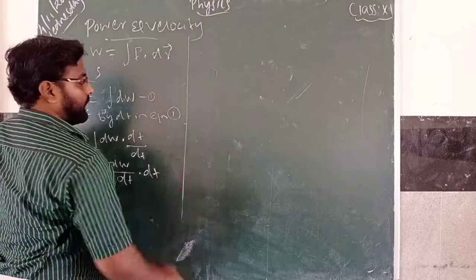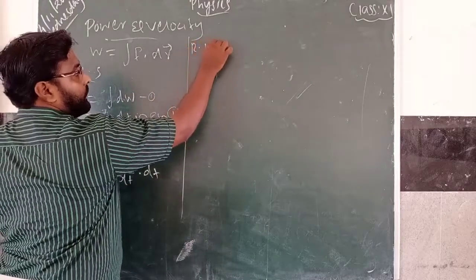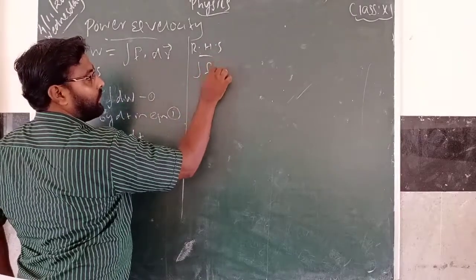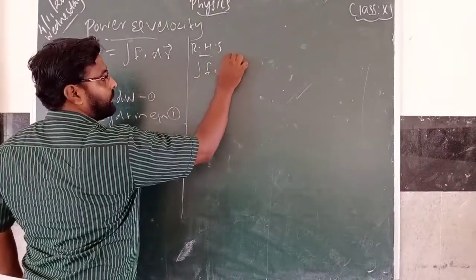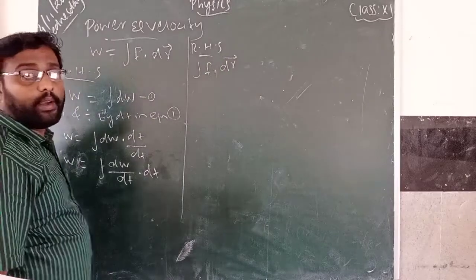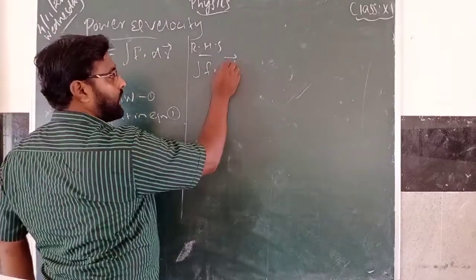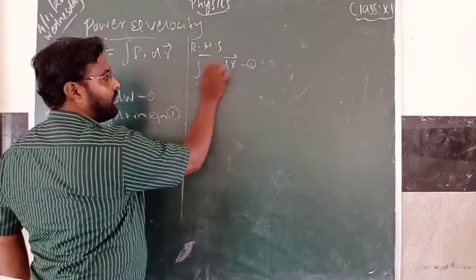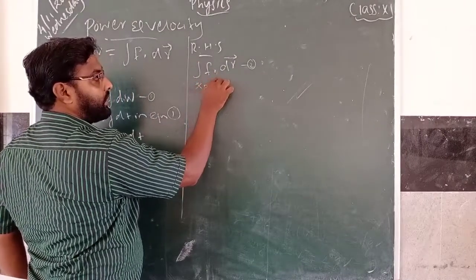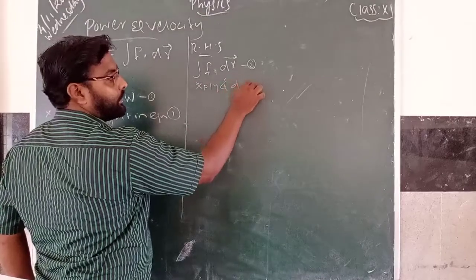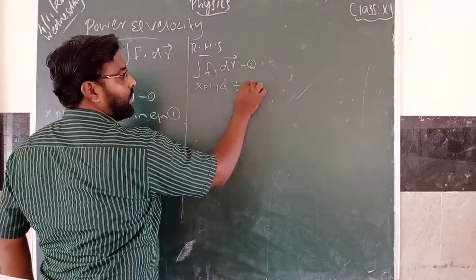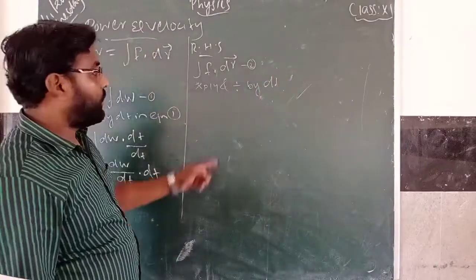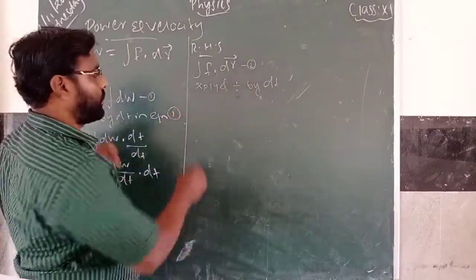Now RHS is F dot dr. Here also you take equation 2, multiply and divide by dt in equation 2. So what will we get?